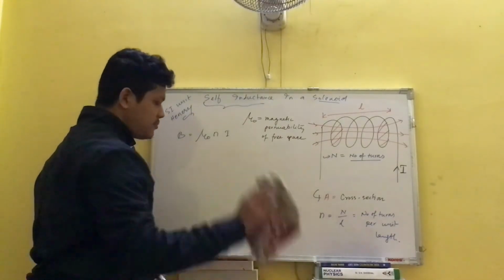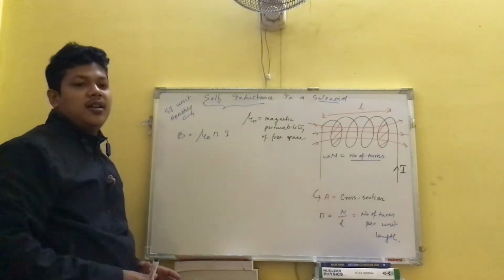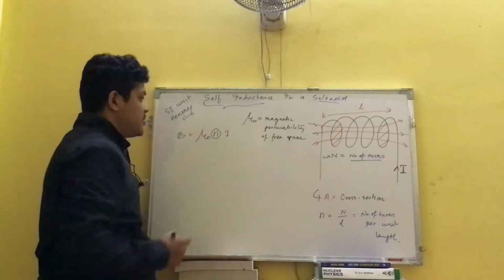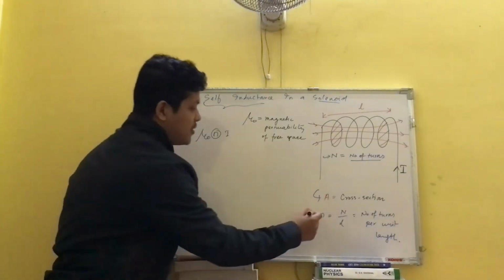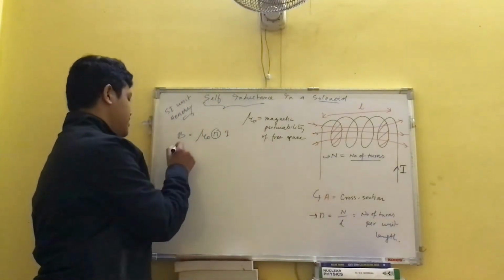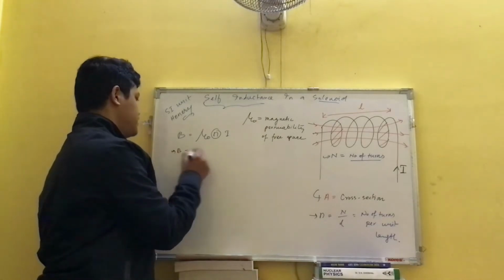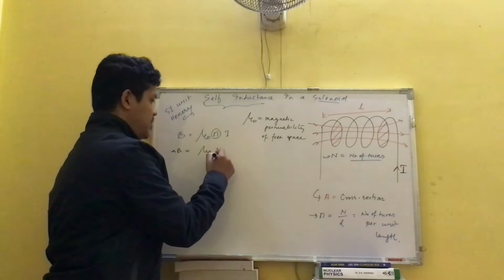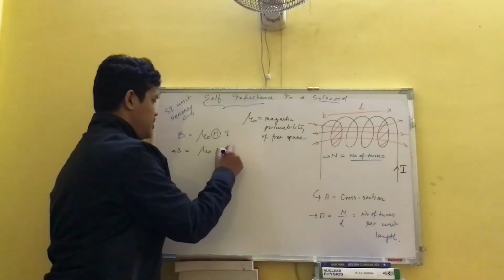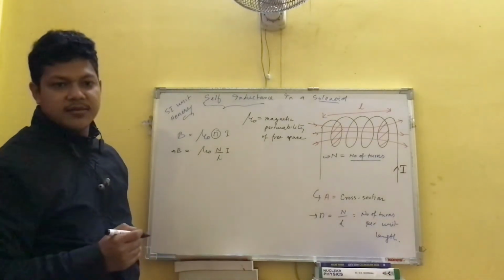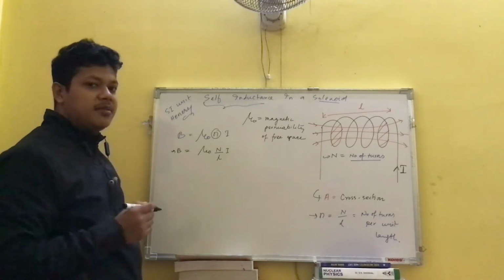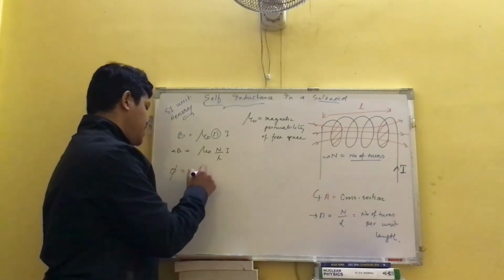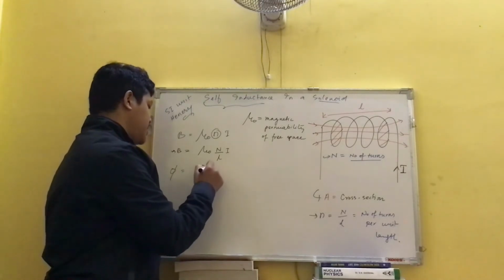Now here you see this n, this is the number of turns per unit length. So let me write B is equal to mu naught n I by L. Now you see magnetic flux phi is B dot A, B vector dot A vector.